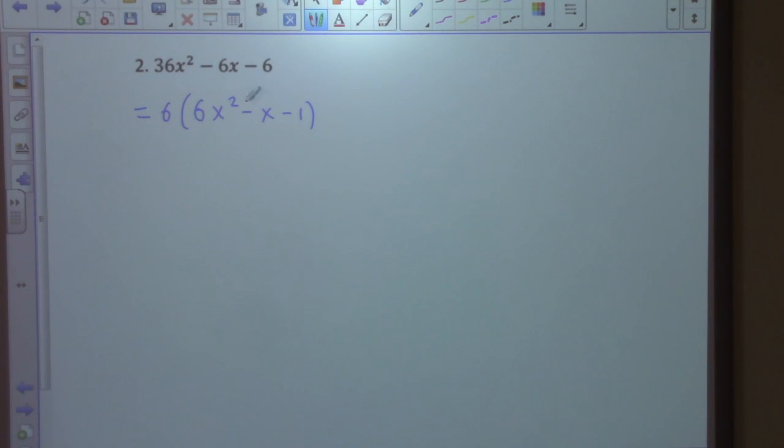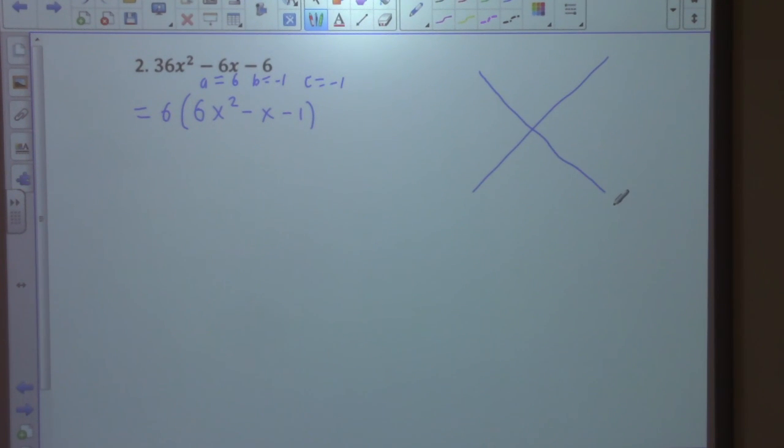So for this, if you take the standard form ax squared plus bx plus c, a is equal to 6, b is equal to negative 1, c is equal to negative 1. And so for this, you can set up what we call either the x method or bottoms up.